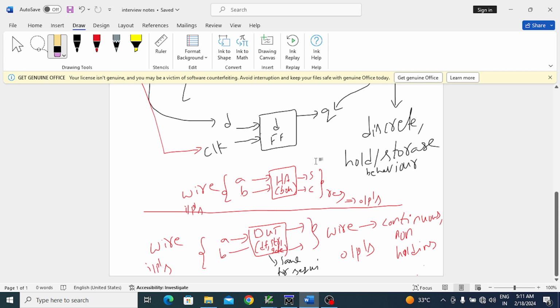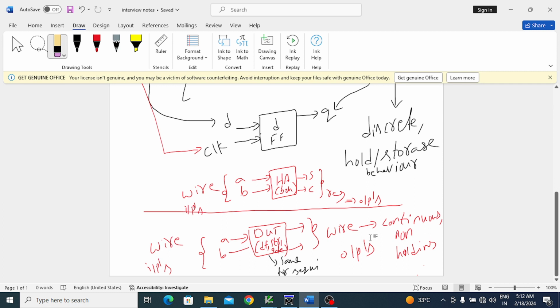Now we'll take other styles like gate level, data flow, and structural. In these styles mostly we write combinational circuits only. So inputs will be wire and outputs also wire.